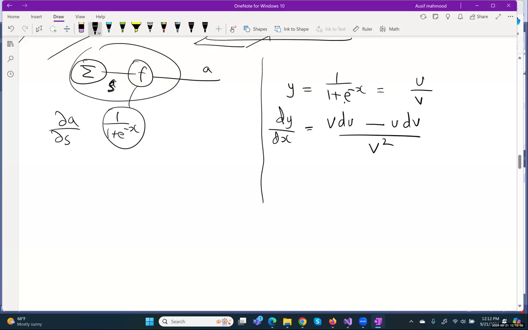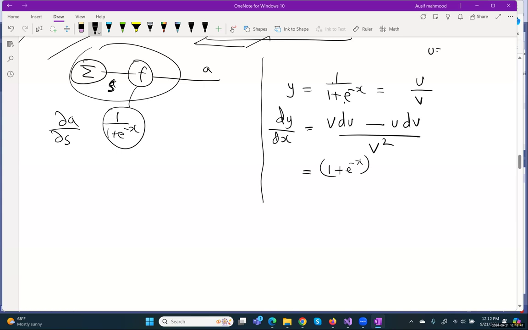If you haven't done calculus, don't worry about it. The final answer is very straightforward, as you will see. Okay, so let's plug in over here. What is V? V is 1 plus e to the minus x, right? What is U? U is 1.